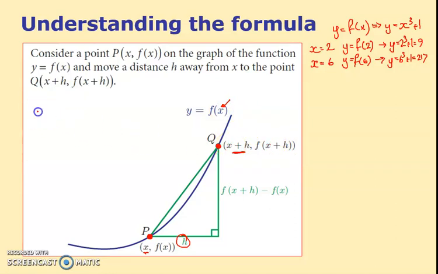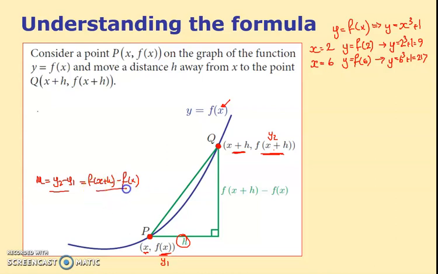Now, the gradient of my line I want to find. So I suppose what I would do is I'd say, how far up does it go? Well, it's this height, take away this height. If you like, my y2 take away my y1, and in this case that is f of x plus h minus f of x.